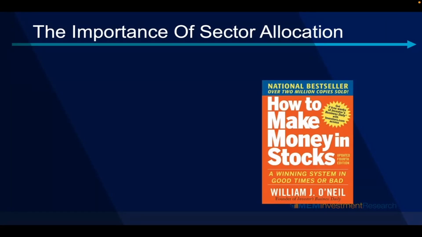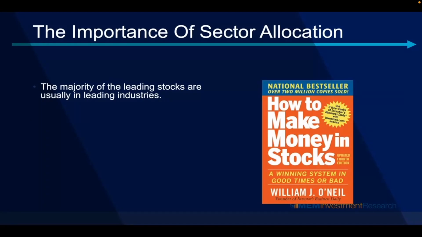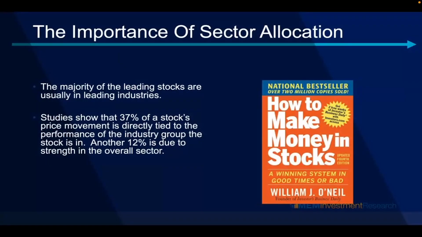So I'm sharing with you a view of Bill O'Neil's very top-selling book, How to Make Money in Stocks. And in that book, in the beginning of chapter 15, he talks about the majority of leading stocks, and these are going to be your big winners. They're usually in what are called leading industries. In fact, studies show that 37% of a stock's price movement is directly tied to the performance of the industry group that stock is a part of.